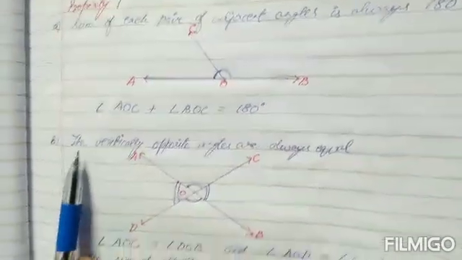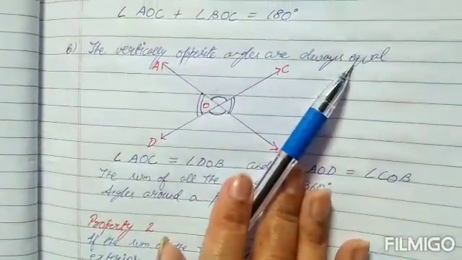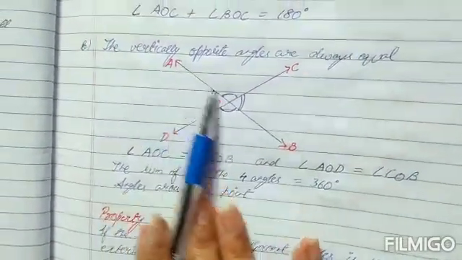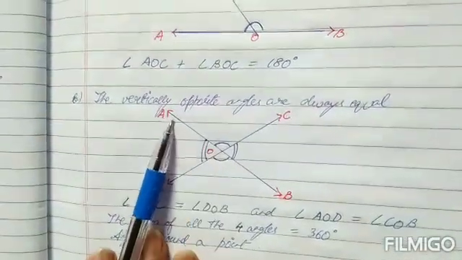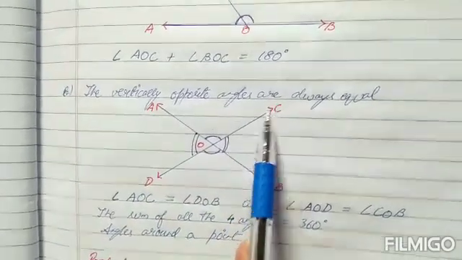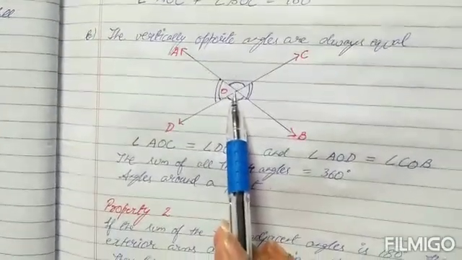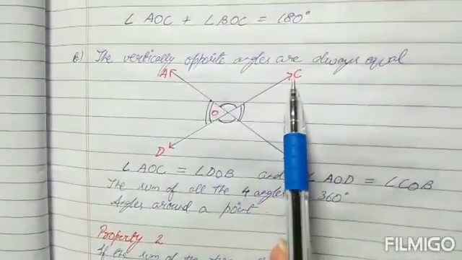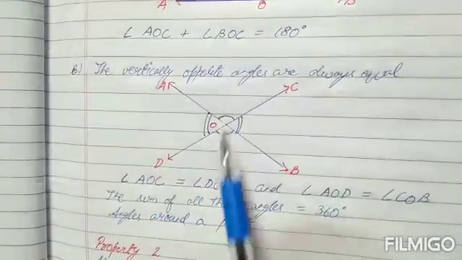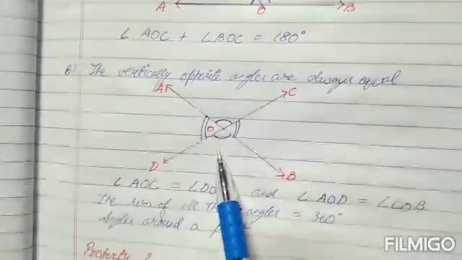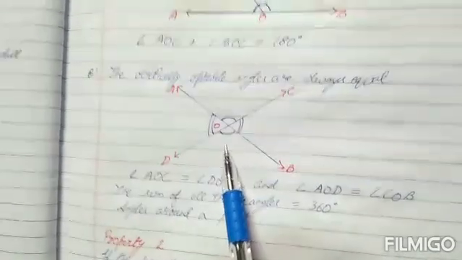Another part of it says the vertically opposite angles are always equal. This also we did in the previous lesson: in case there are two straight lines that are touching each other at a center point O, as you can see, AB is one straight line, CD is another straight line, and they are touching each other at point O. So in such a case, children, the opposite angles, that means AOC and BOD, are going to be vertically opposite, and even the measurement of these two angles is going to be the same.